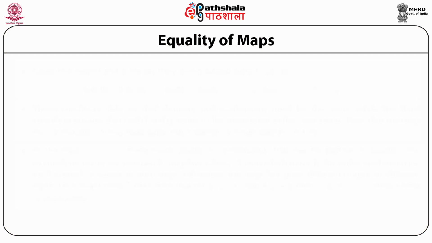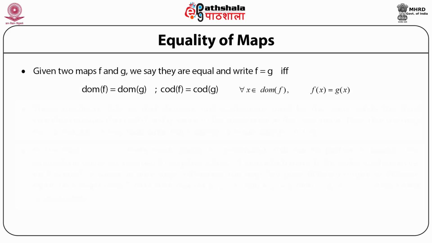Having defined the domain and codomains for mapping from one group to the other group, we will now discuss the equality of the maps. Suppose we have two maps, f and g. We say they are equal and we write f is equal to g if and only if domain of f is equal to domain of g and codomain of f is equal to codomain of g, and for all x belonging to the domain of f, f of x is equal to g of x.